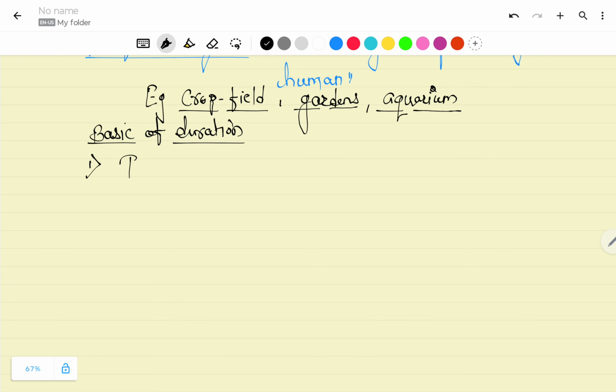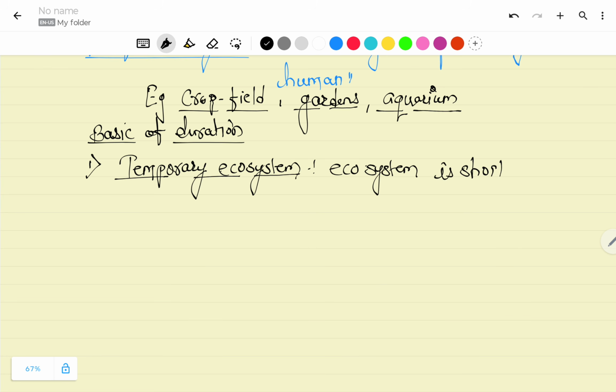The temporary ecosystem is short-lived; it occurs for a very small time.